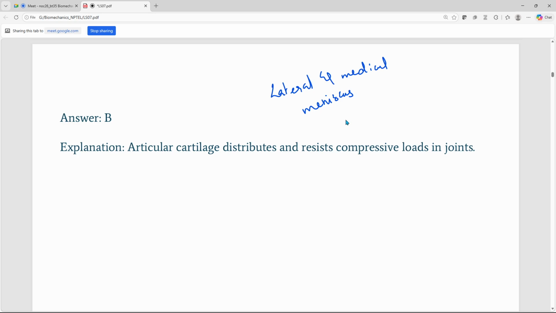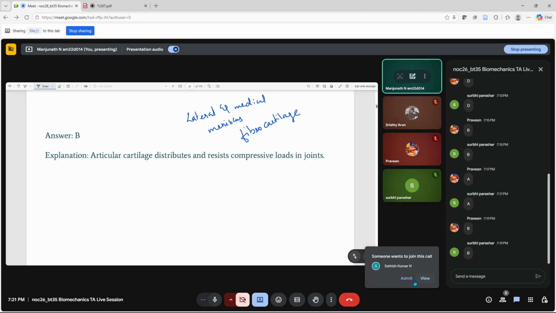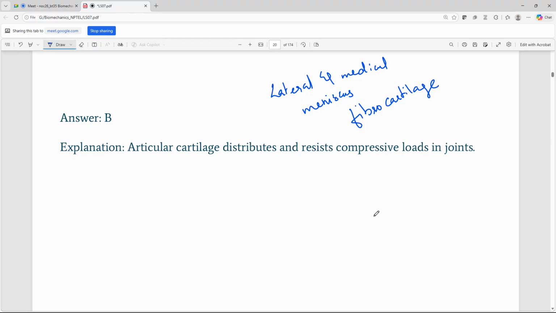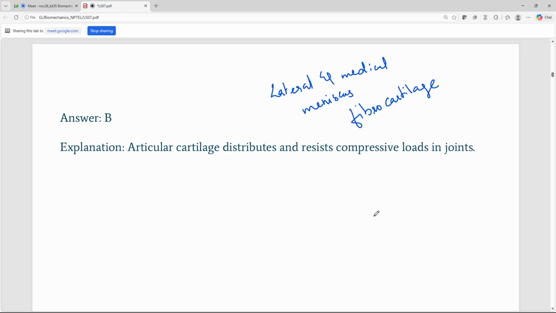Lateral and medial meniscus are made of fibrocartilages. So these kinds of cartilages, situated in joints, help in resisting compressive loads.